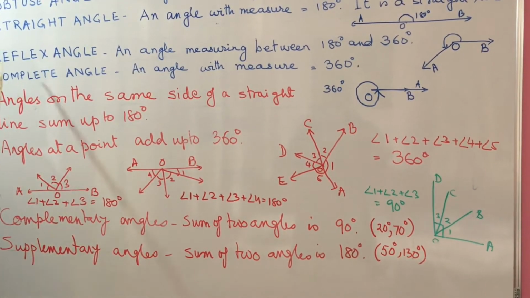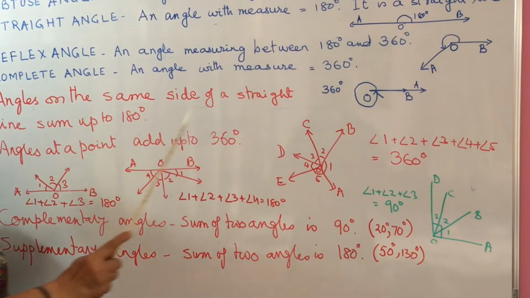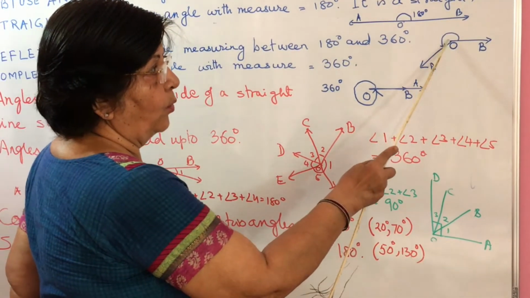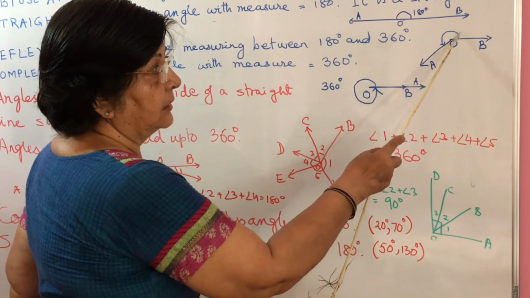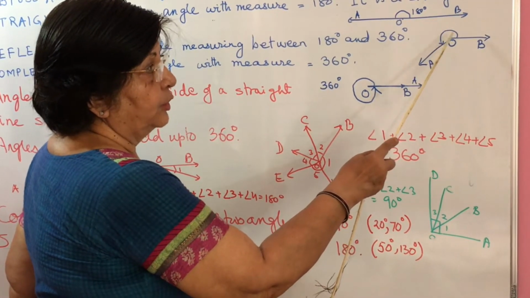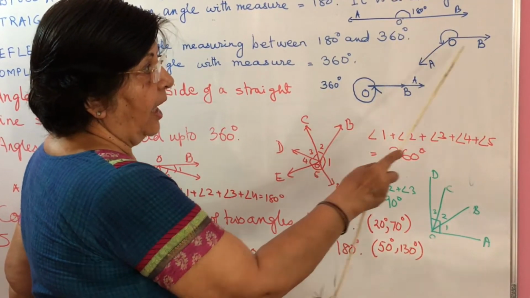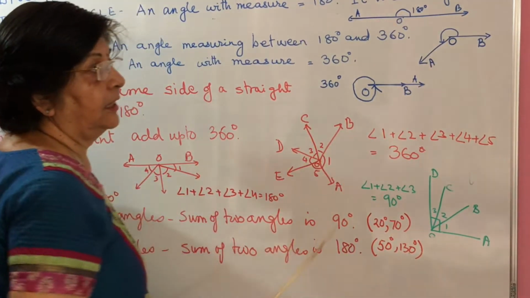Such an angle is known as a reflex angle. Here angle AOB, I have marked this part. This is a reflex angle which is more than 180 degrees and it is less than 360 degrees.